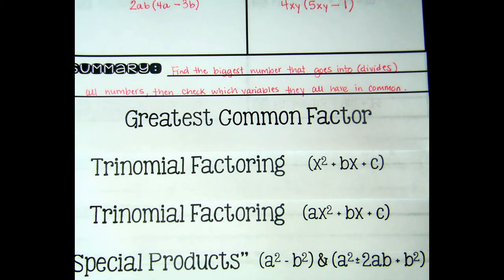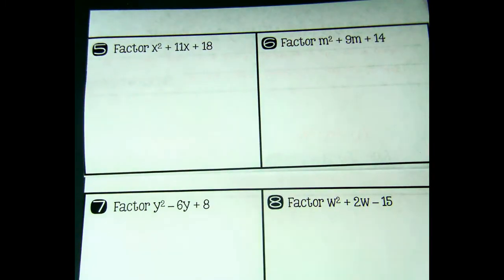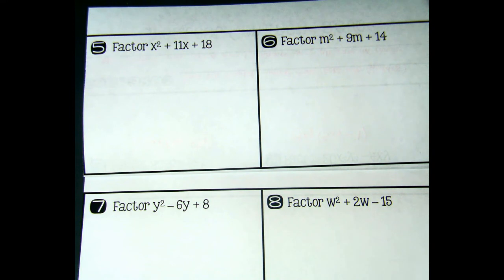Alright, so turn to trinomial factoring. That's what we're actually doing today. That first part was just a review. Trinomial factoring. Alright, you guys told me, and you're going to pull a couple highlighters out, I'm going to be using orange and pink.